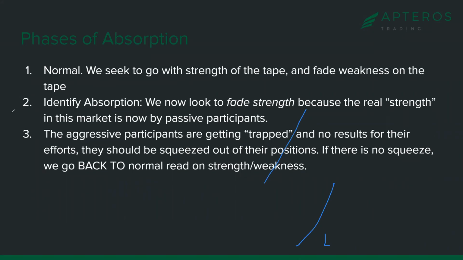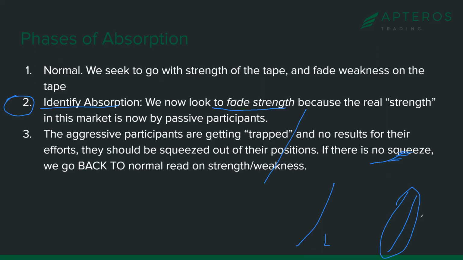Well, if we go to phase two, when we identify absorption, that means we saw this and then price only did that. Now we look to fade this strength. Fade the order flow strength, that is. There's a weakness in price, but we're fading because the real strength is the passive seller that's absorbing all that order flow.